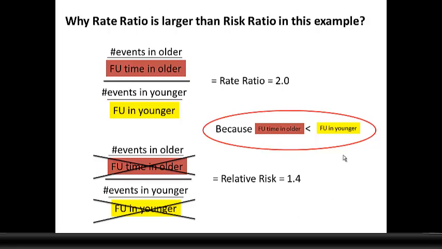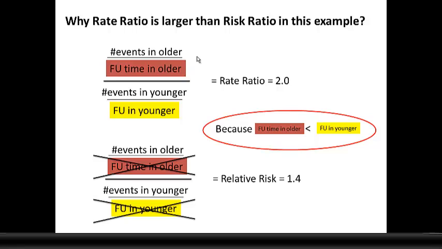So in this case, which do you consider valid, or more accurately reflecting actual risk in each group, relative risk or rate ratio? Of course, the rate ratio, right? Even when the number of events is the same in older and younger, let's say 100 events occur in older and 100 events occur in younger, you may think there is no association.